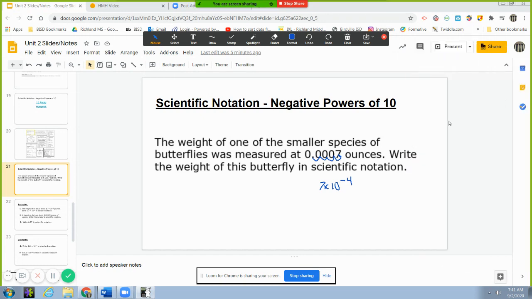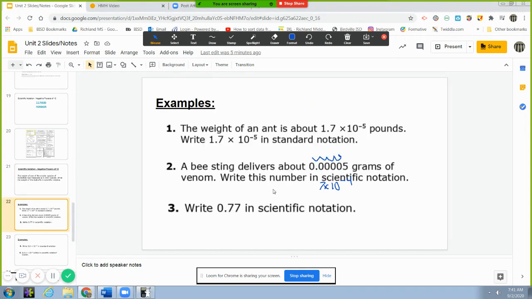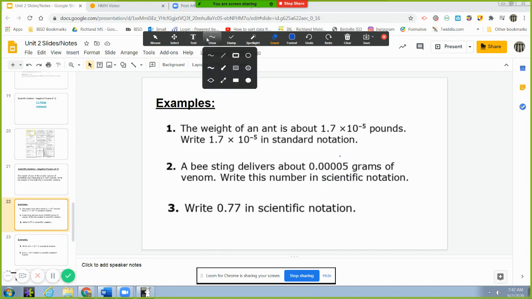So that works. Let's see what else we got. Okay, we can do both of these. And I think that might do it. Let's erase this so it looks nice. And draw.